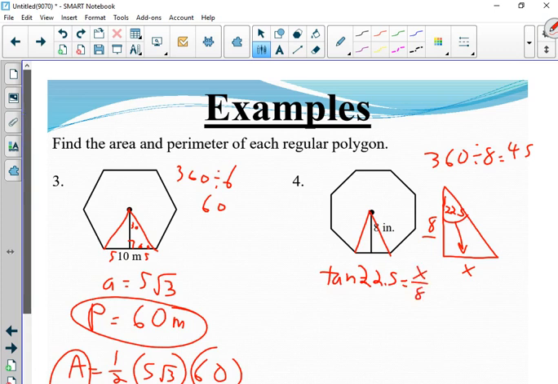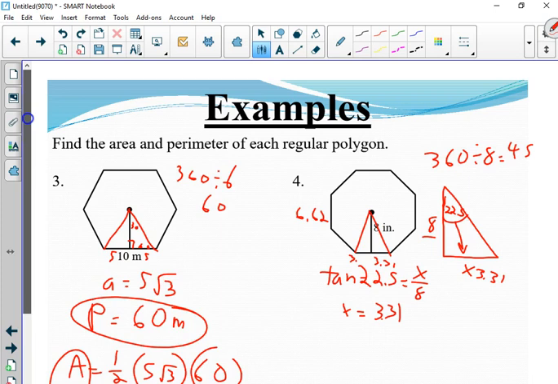And then we're just going to multiply 8 times the tangent of 22.5. And we get x is equal to approximately 3.31, which makes each side 6.62. Does that make sense? This is 3.31, right here.